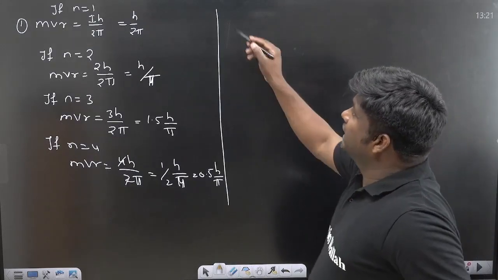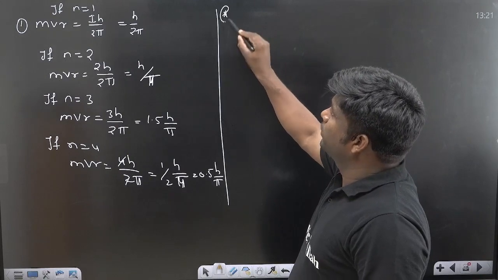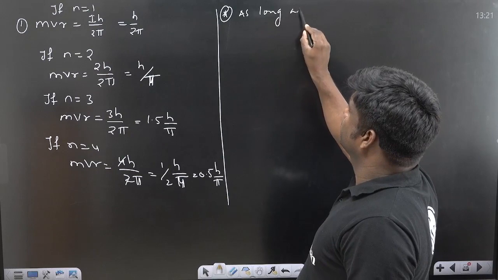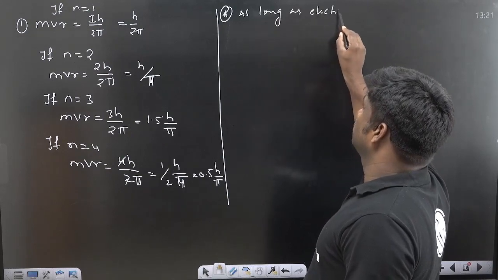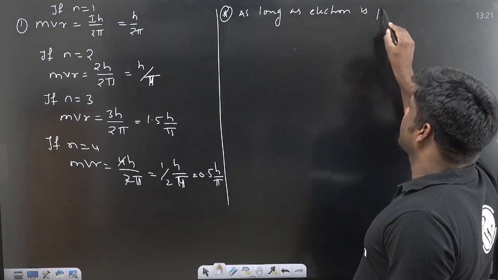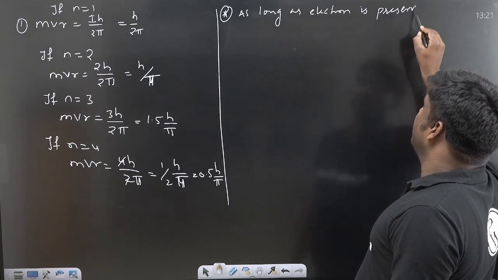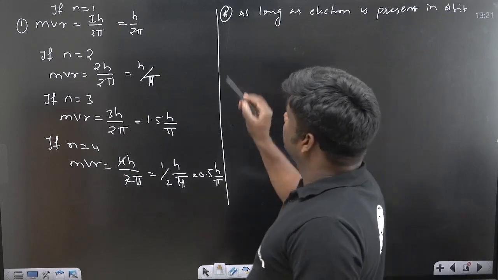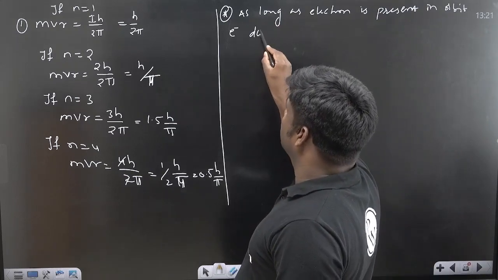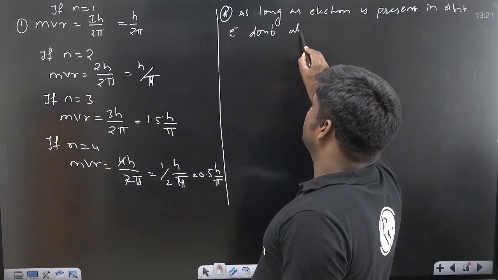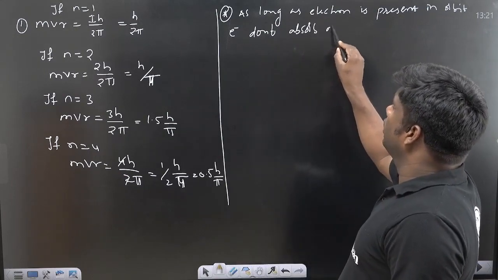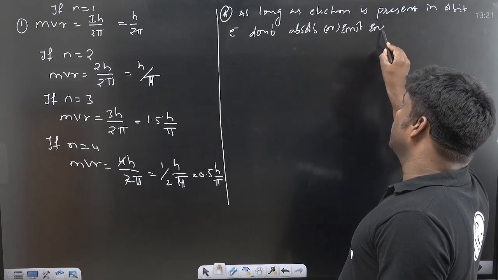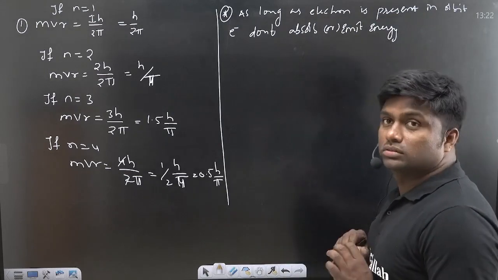The next postulate: as long as the electron is present in an orbit, it does not absorb or emit energy.